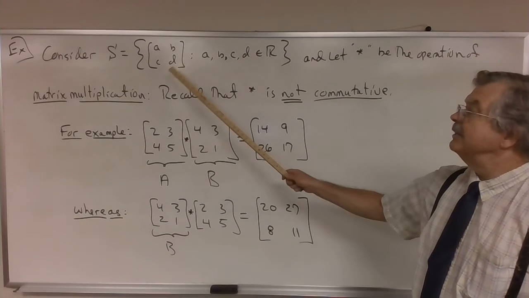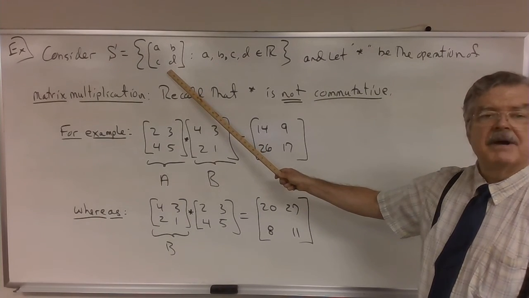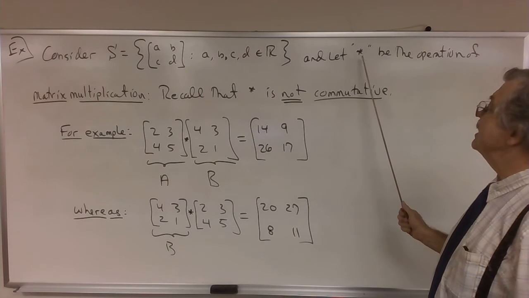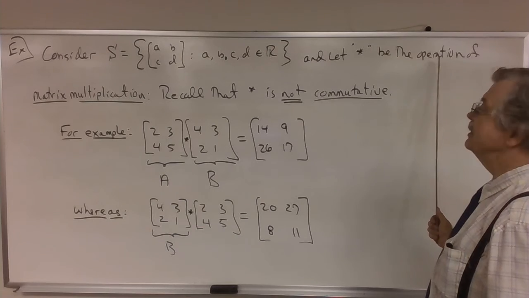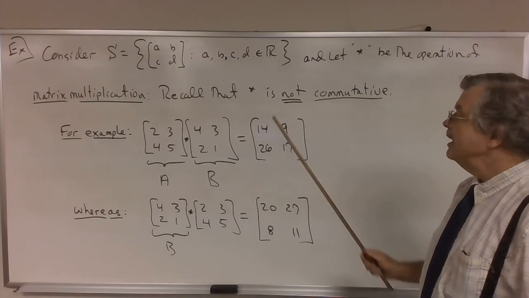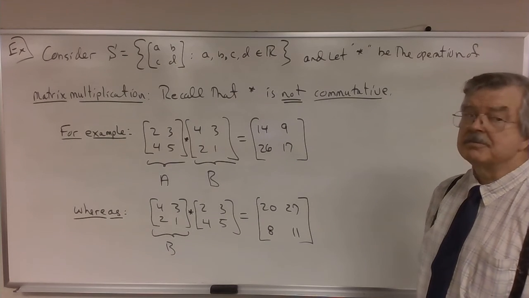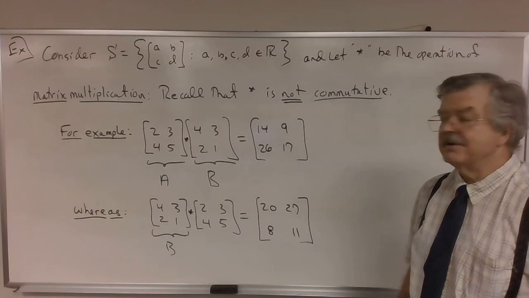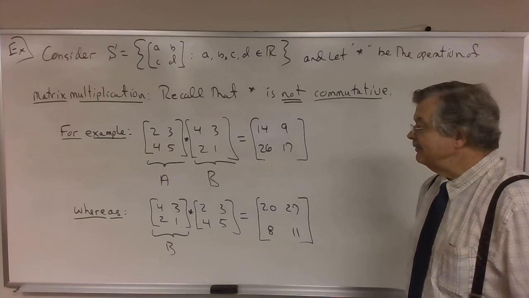Another example. Let S be the set of 2 by 2 matrices with real number elements. And we'll let star be the usual operation of matrix multiplication. And recall from linear algebra that matrix multiplication is not commutative. And here's an example.